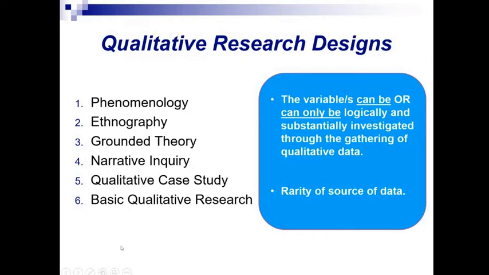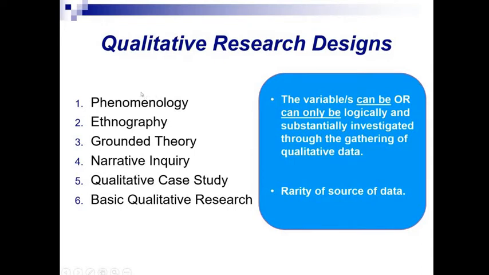Now, what sets these research designs apart from other designs in research, specifically quantitative research, is that the variables can only be logically and substantially investigated through the gathering of qualitative data, which means that the material that we use would solely depend on text, on images, on documents, okay?